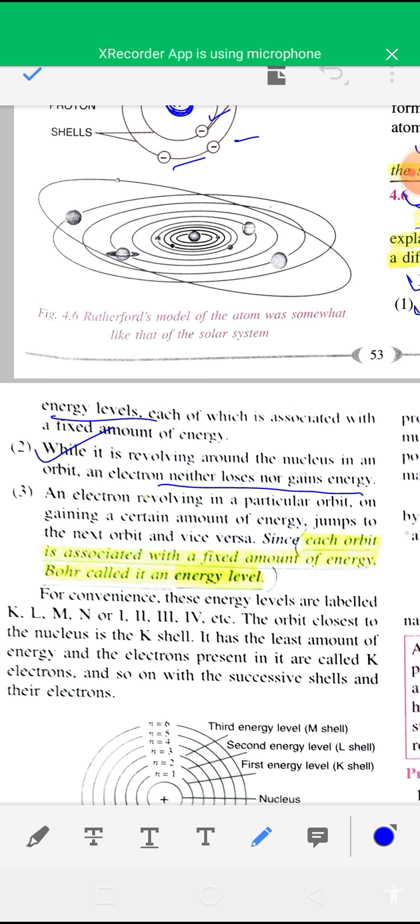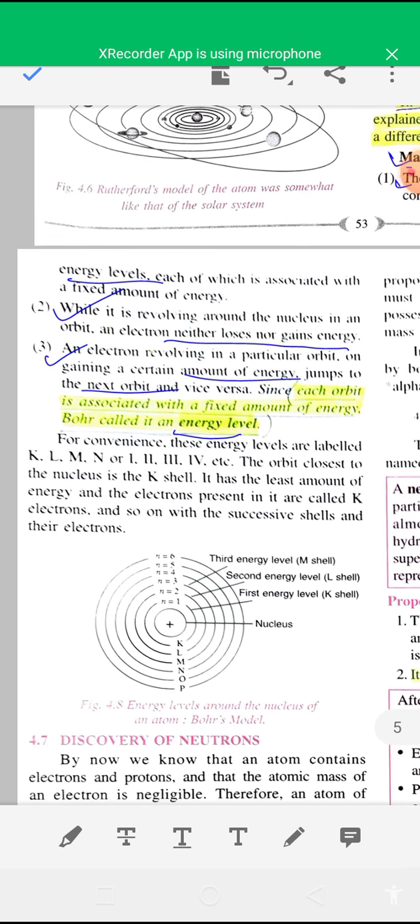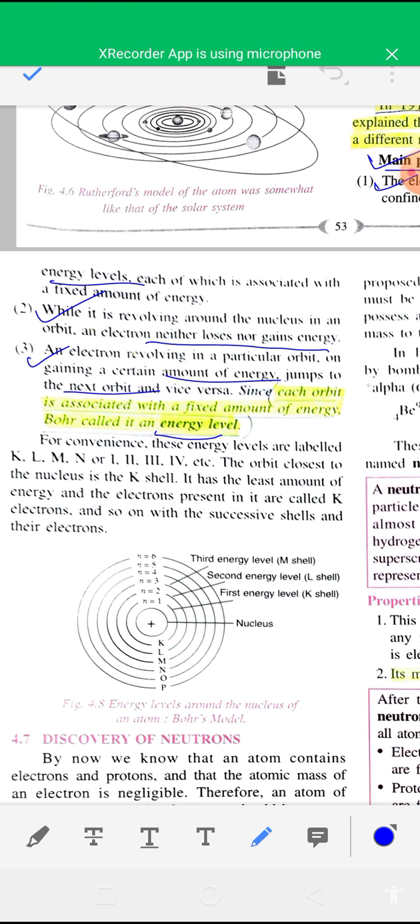An electron revolving in a particular orbit, on gaining a certain amount of energy, will jump to the next orbit or vice versa. Since each orbit is associated with a fixed amount of energy, Bohr called these orbits energy levels.